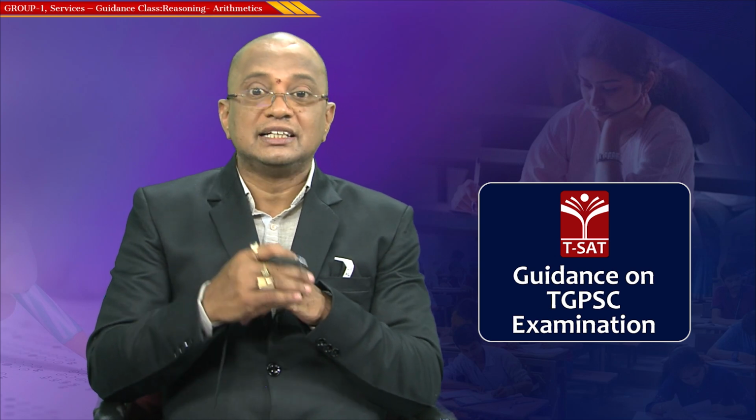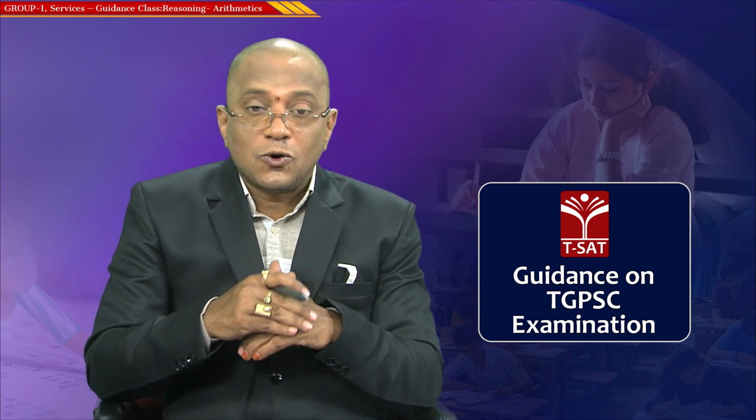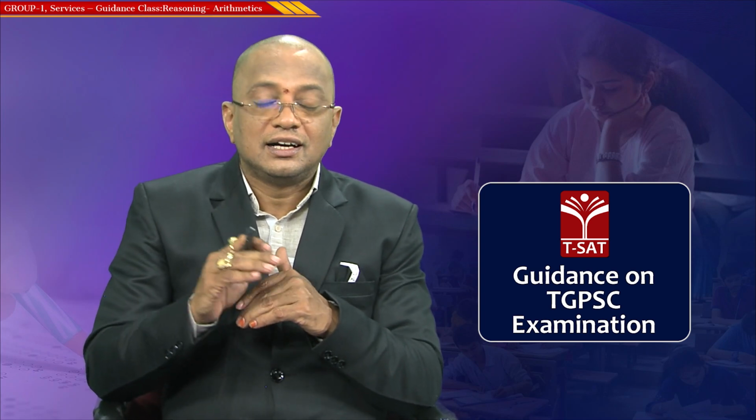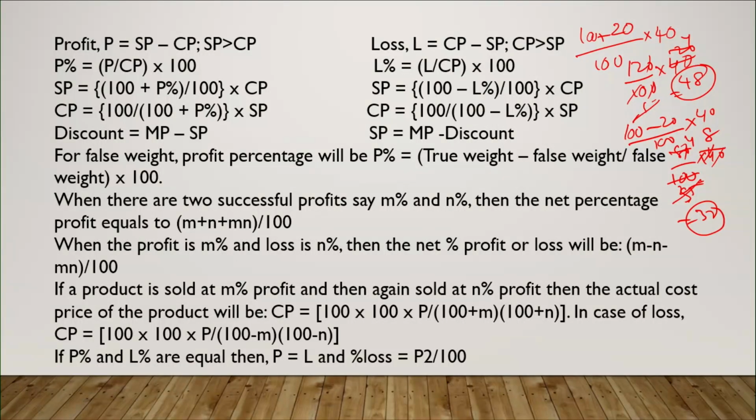Means you have to say 10 plus 15 plus 10 into 15, that is 150, whole by simply 100, then that will give us that. So you can give it in the form of m plus n plus mn whole by 100, which gives the successive profits.